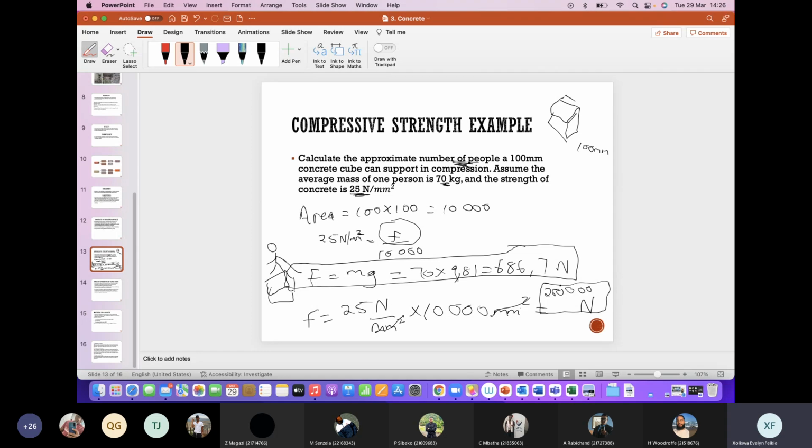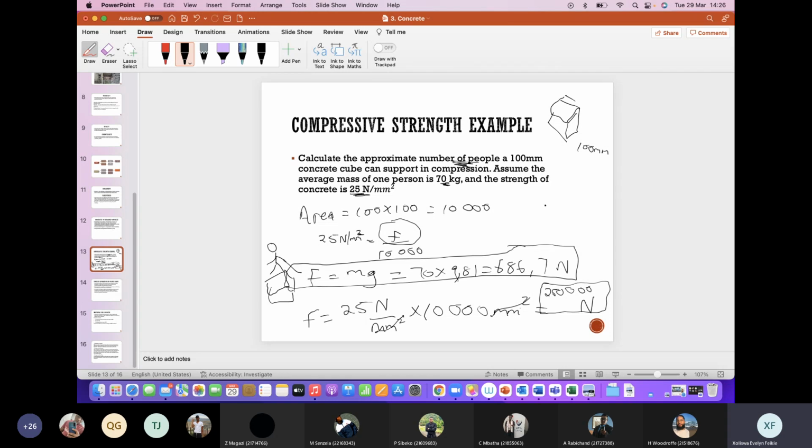If we want to know the number of people, it means that we're going to take this 250,000 divided by that 686.7, because that is the force for one person, assuming that one person is 70 kg, meaning that they will exert 686.7 newtons on that cube.